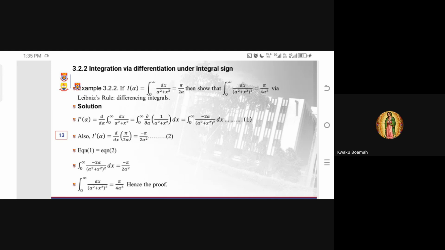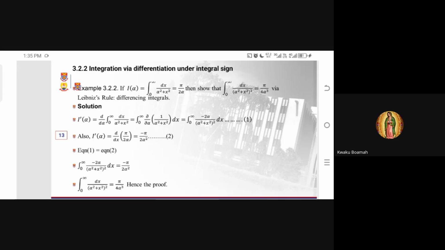And your right hand side, when divided by -2, the negative will cancel the negative at the top. So you'll be left with pi over 2 alpha squared times 1 over 2 alpha, which will give you pi over 4 alpha cubed. So what we're given, we've been able to show in the other form, therefore it is true.